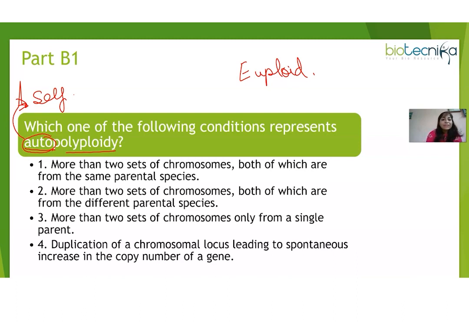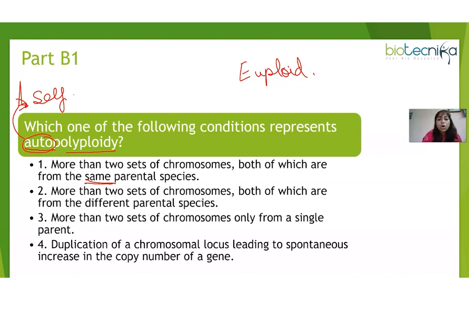Let's see the options. Which of the following conditions is correct for autopolyploid? First says more than 2 sets of chromosomes, both of which are from the same parental species. Yes, same parental species. Option 2 says more than 2 sets of chromosomes, both of which are from different parental species. Third, more than 2 sets of chromosomes only from a single parent.